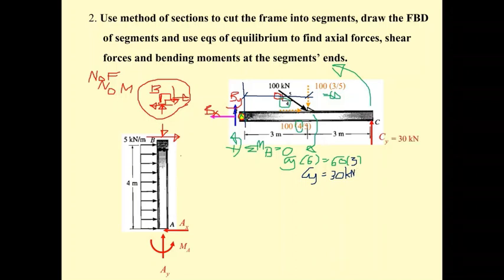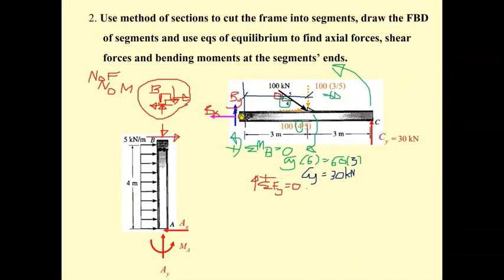And then you go further to determine the force. What can you find? Summation of F sub y equal to 0. You can determine B sub y. Okay, so up is positive.